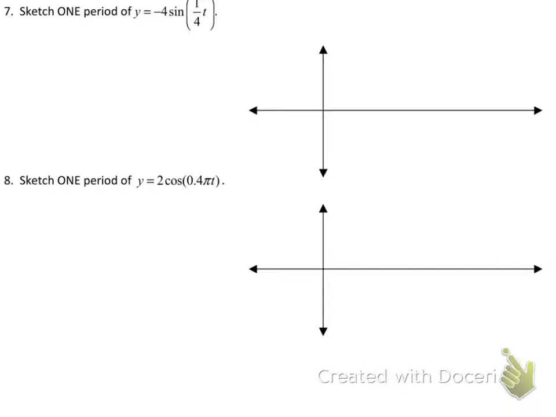Okay, so now we have -4 sine times 1/4 t. So again, we're going to figure out what has been done to sine of t. The first thing that has been done is stretched vertically.